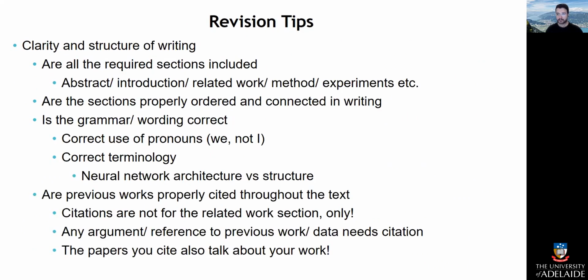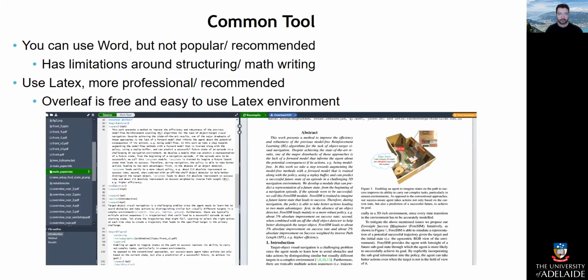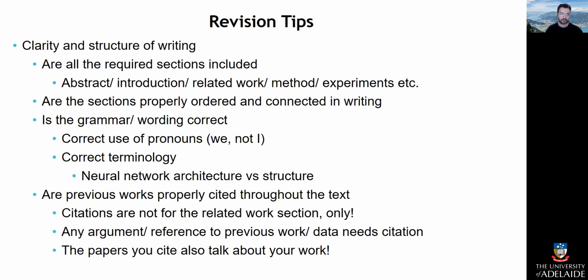So wherever you're referring to someone else's work, make sure that that's cited. Now, you should also avoid over-citing, right? If you're talking about something in 2-3 different sentences, you don't need to cite that every time. And make sure any argument that you make, any improvement, any observation from experiments has enough support.